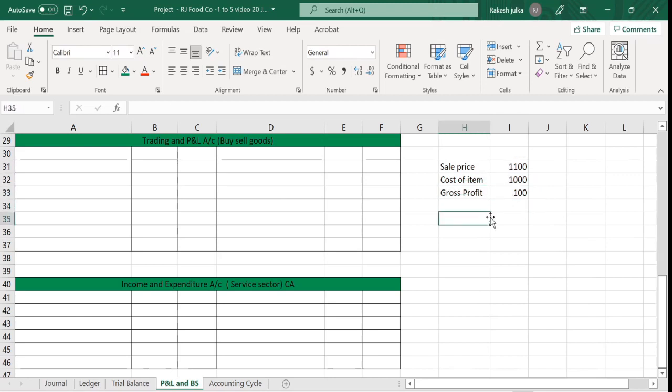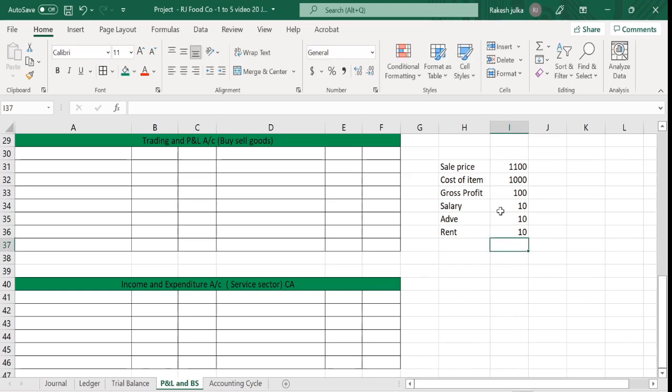Gross profit is not our real profit. First of all, from the gross profit, there may be a number of expenditures made by some stores, maybe salary to employees, maybe advertisement, maybe rent of building. Let's say the salary is $10, advertisement is $10 and rent is $10.